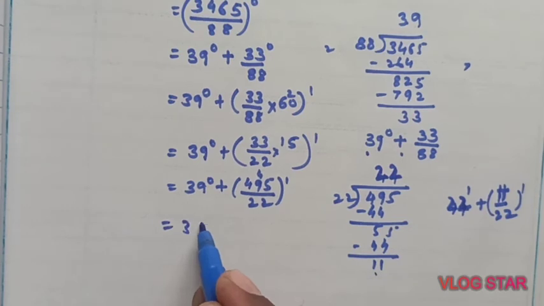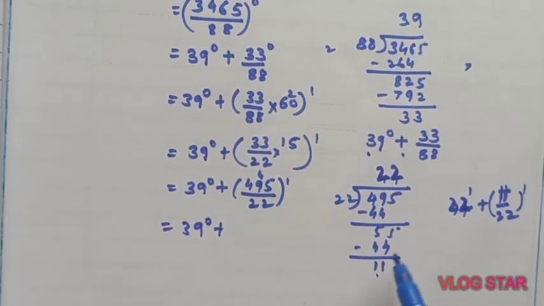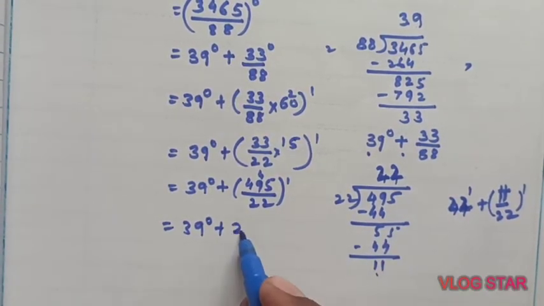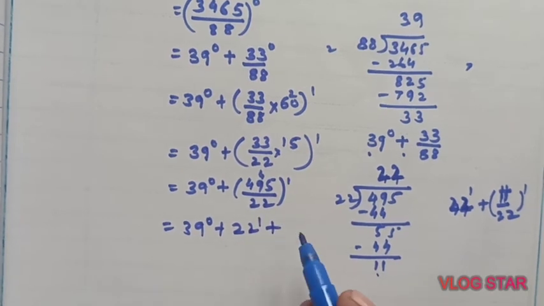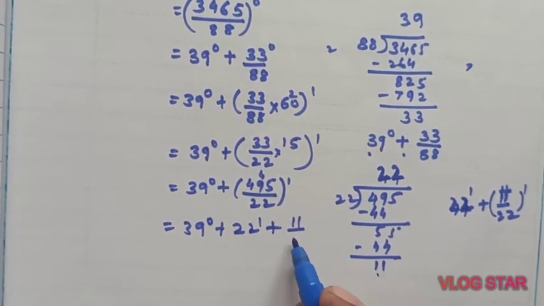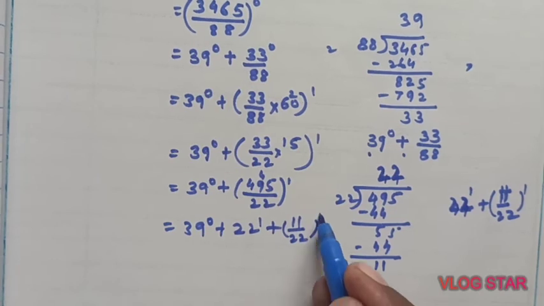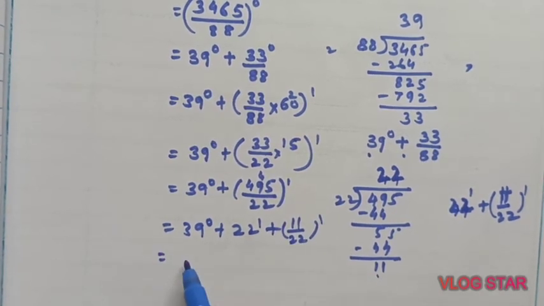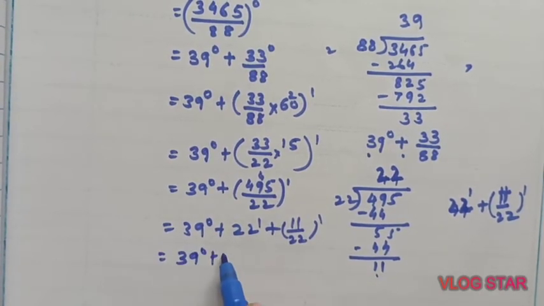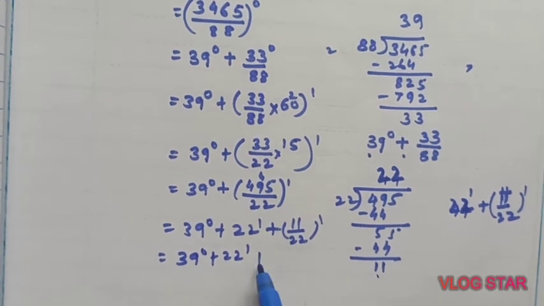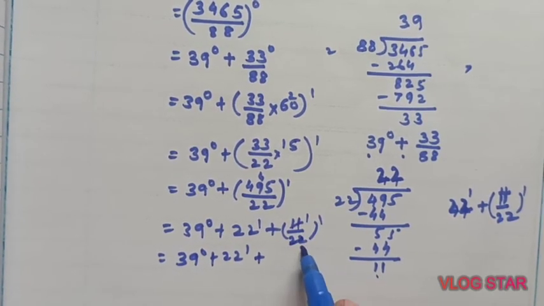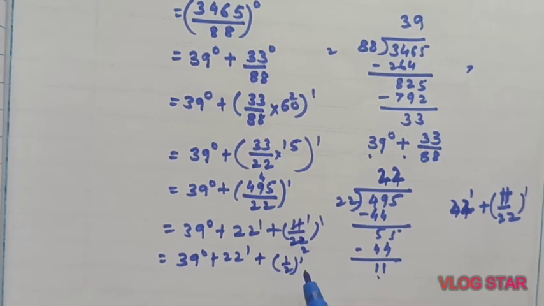So finally we got 39 degree. So how many minutes? 22 minute plus 11 by 22 minute. But this minute I cannot keep in fraction, I have to convert this into second.